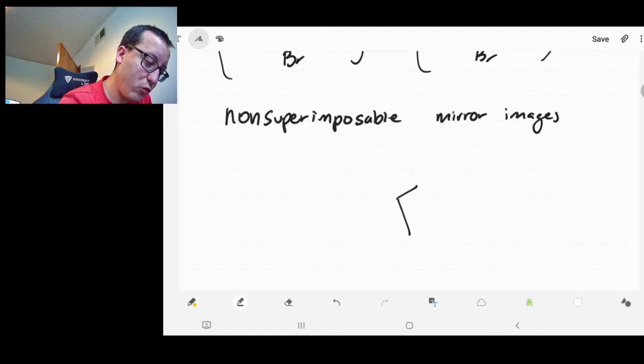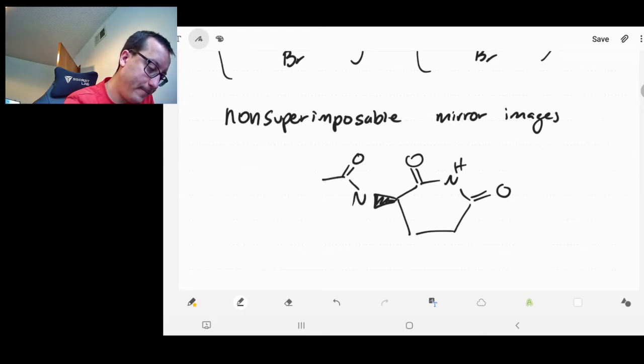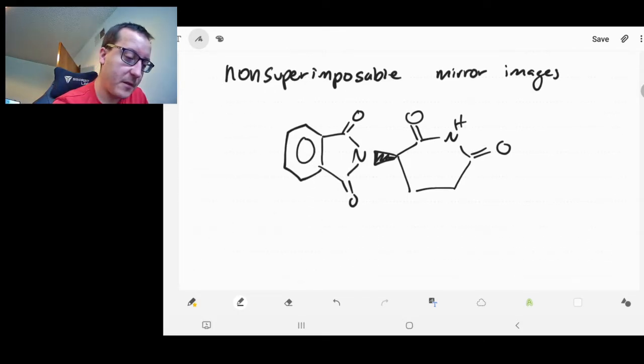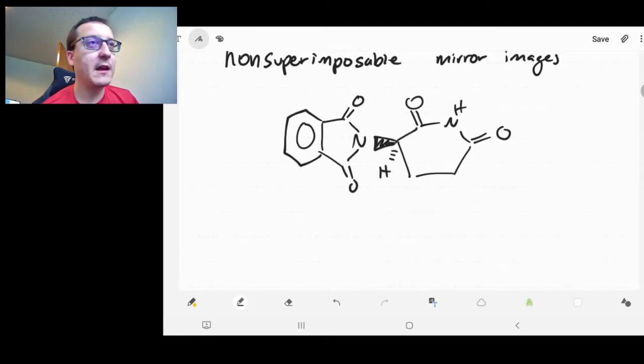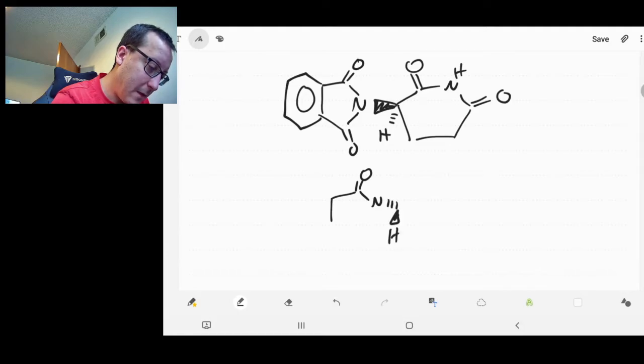You do not need to know this molecule, but this is thalidomide. If you swapped these two, the H and the succinimide here, you would end up getting the thalidomide that causes the horrible defects.